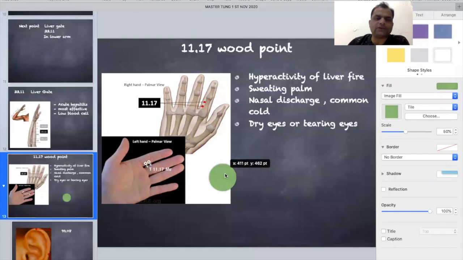In the index finger, in the lower phalanges, you can see this point. So the 11.12 point, the 11.12 point or Wood point, also called Wood anger point, is located in the index finger in the lower phalanges.